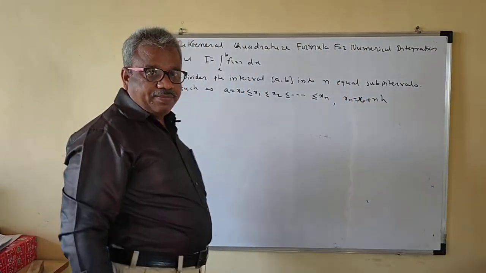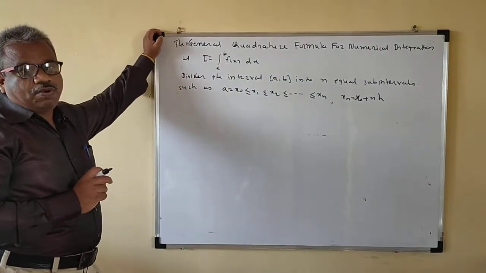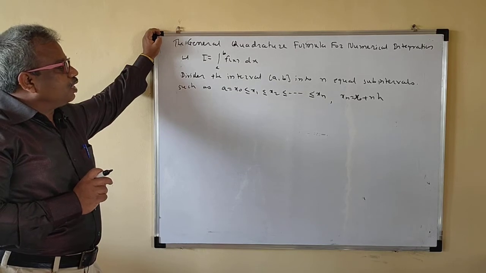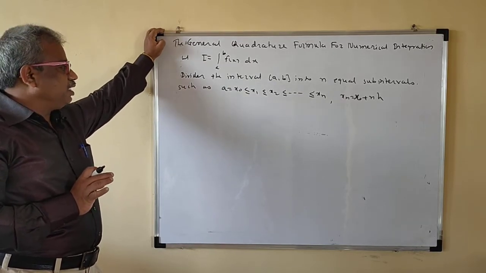Today we will see the general quadrature formula for numerical integration. Let I be equal to the integral from a to b of f of x dx.